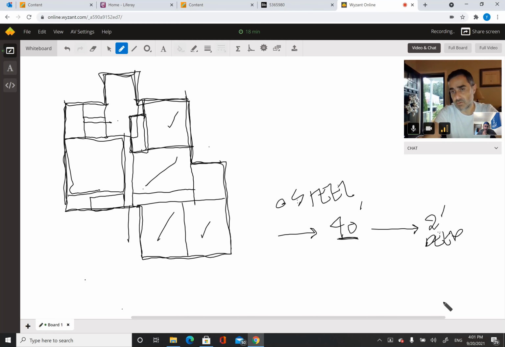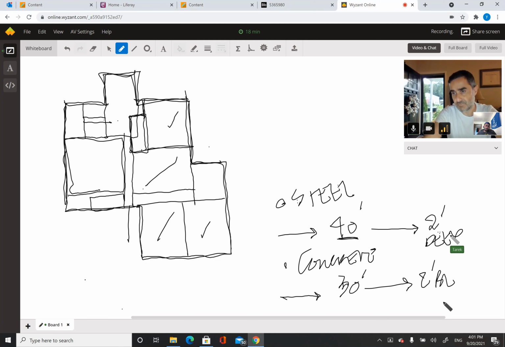For concrete, you can get up to 30 feet with a 2-foot deep beam system. So with steel, you're getting longer spans. That's another influence. If you're looking to design a space and you don't want a lot of columns, you go to steel because steel can span more.